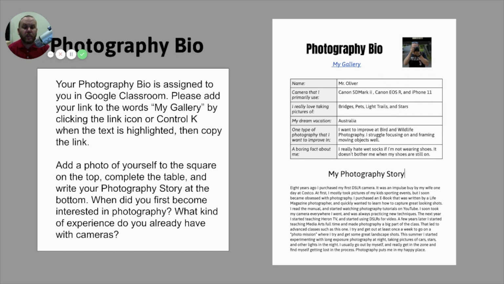One type of photography that I want to improve in is bird and wildlife photography. I struggle focusing on and framing objects that are moving. And a boring fact about me is I really hate wet socks if I'm not wearing shoes. It doesn't bother me if I'm wearing shoes and my socks are wet. But if I'm just in socks, if I step in a puddle like in the kitchen, it drives me crazy. So that's me. And then here is my photography story.